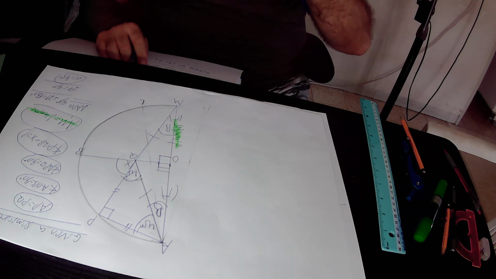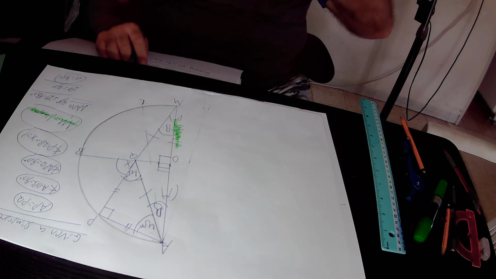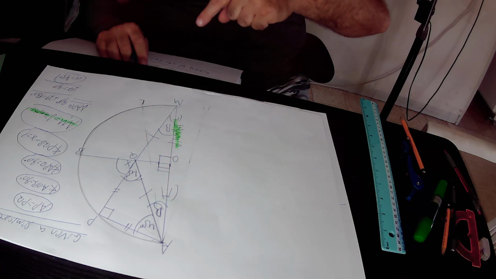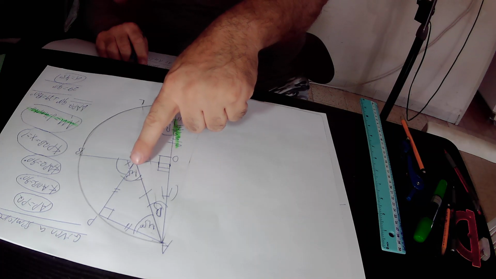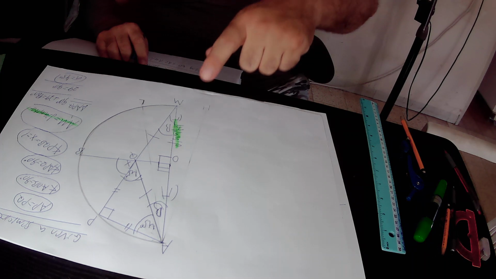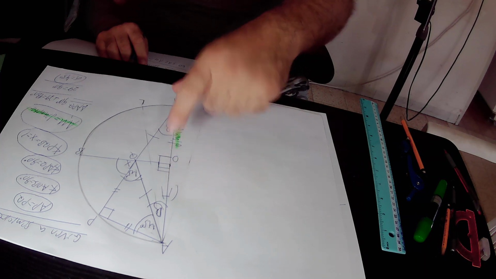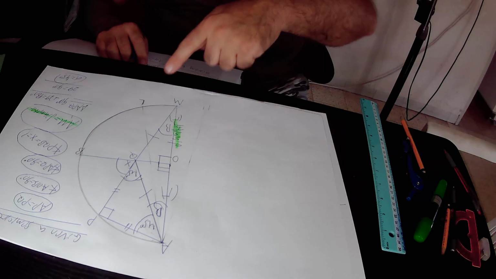So according to rule 8, the size of the exterior angle AQP will be equal to the sum of the two interior angles that are not adjacent to it. The interior angle AQM is definitely adjacent to angle AQP. The two other interior angles that are not adjacent to it are those two angles, beta and beta. Therefore, the size of the exterior angle AQP must be equal to beta plus beta.